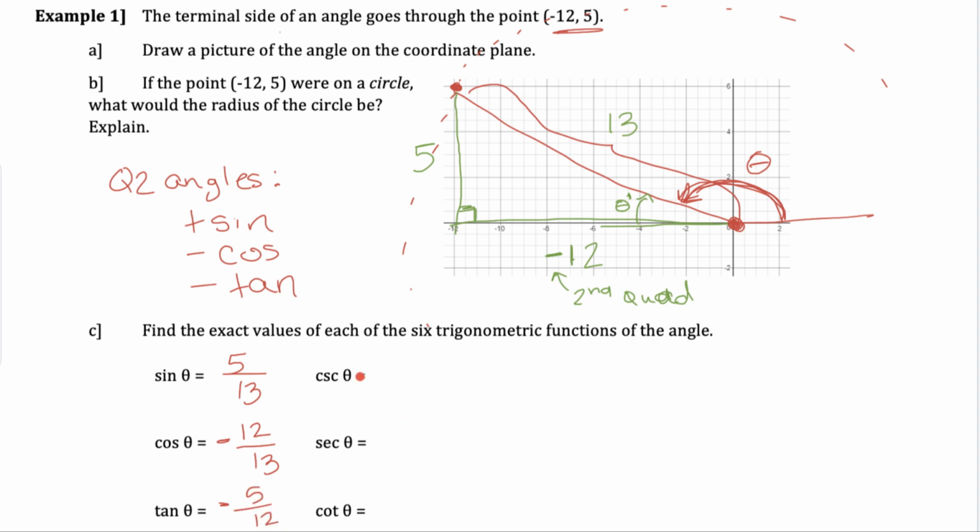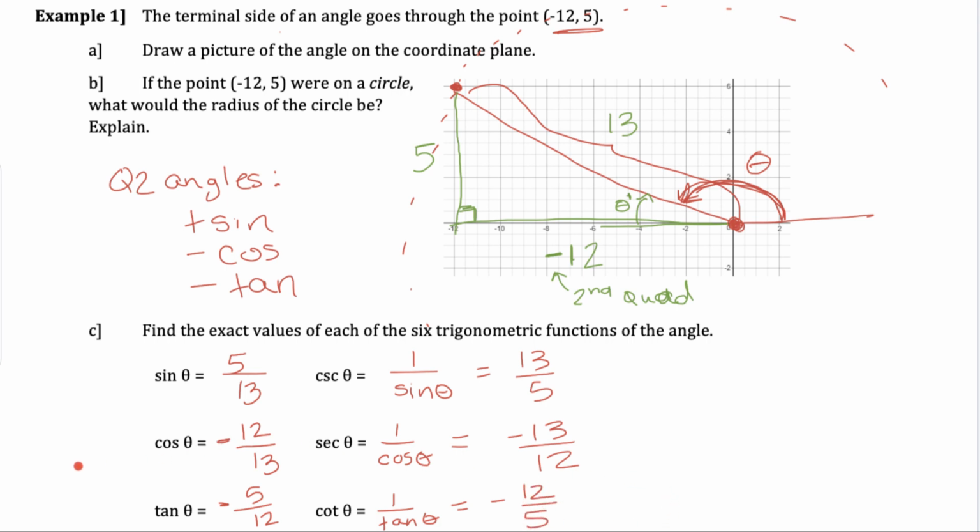And hopefully you remember that cosecant, secant, and cotangent are just the reciprocals of these functions over here. So cosecant is really just the reciprocal of sine, so I could just flip to get cosecant. Secant is just the reciprocal of cosine, so I could just flip cosine to get secant, and cotangent is the reciprocal of tangent, so I can just flip tangent to get cotangent.